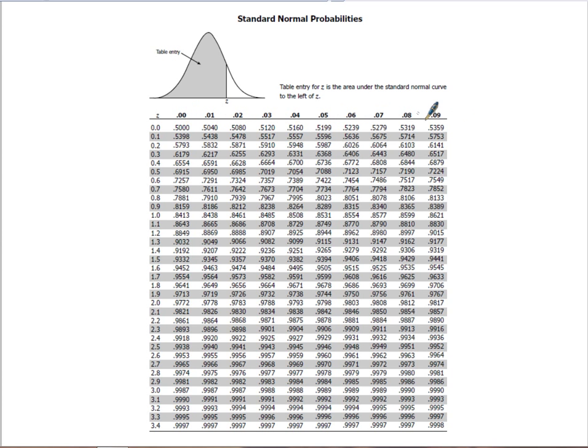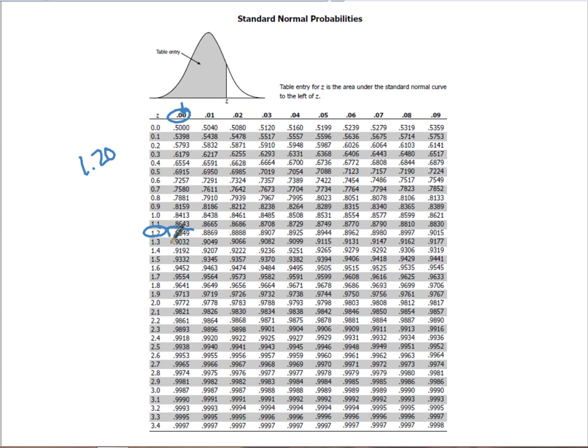Across the top gives us the hundredths place. So if I'm looking for a score of 1.20, first I go down the side of my chart and find the 1.2. Then I go across the top and find the 00 that represents the hundredths place.